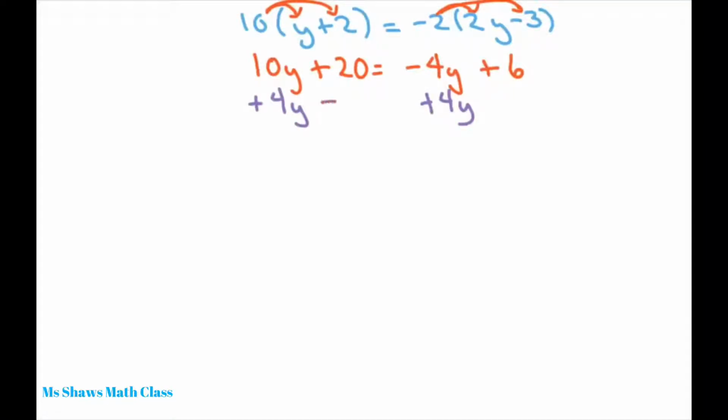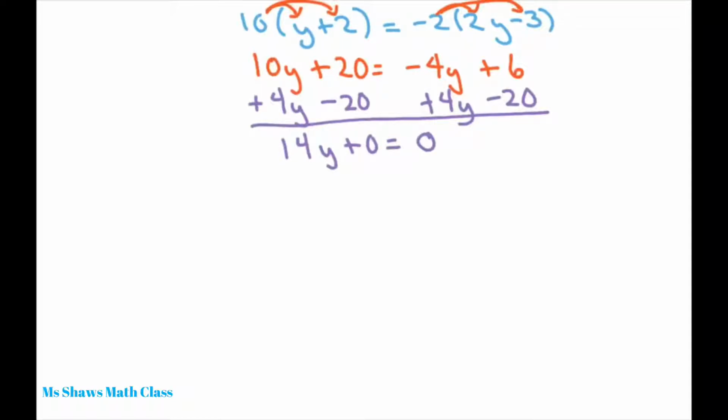Use my subtraction property of equality and subtract 20 from both sides of the equation. So you get 14y plus 0 equals 0 minus 14.